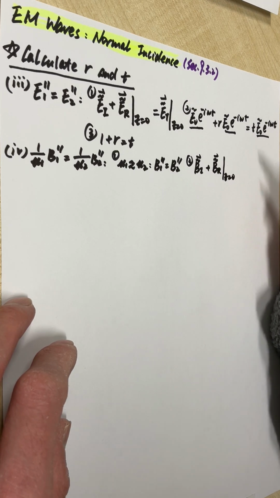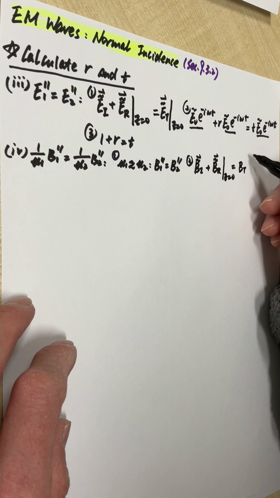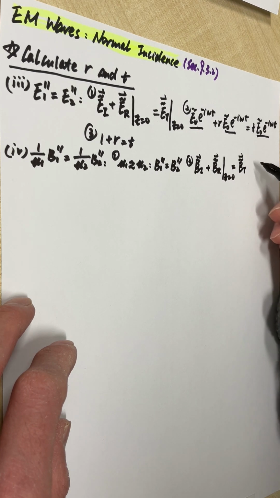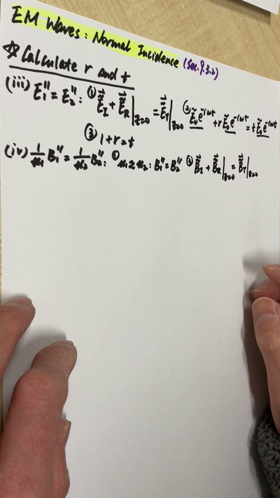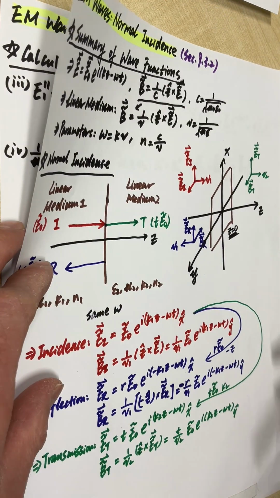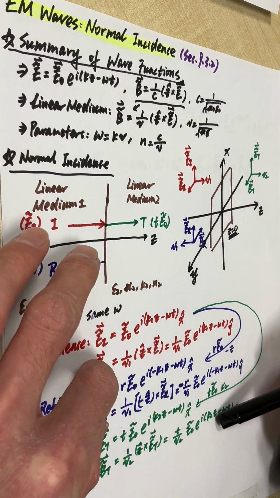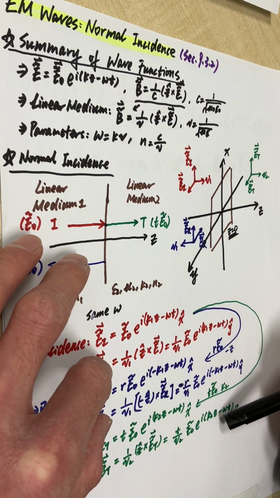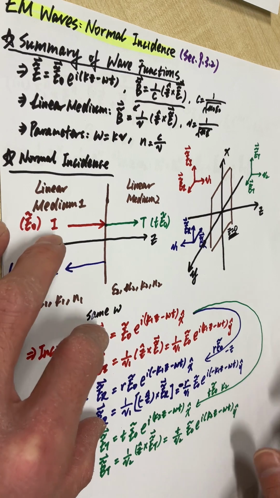This should be equal to B_t, the transmitted magnetic field at z equal to 0. We have all the wave equations here, so we only need to set z equal to 0. Then on the left-hand side, we add B_i and B_r together, and this should equal B_t.